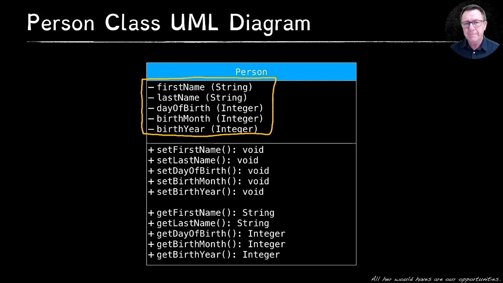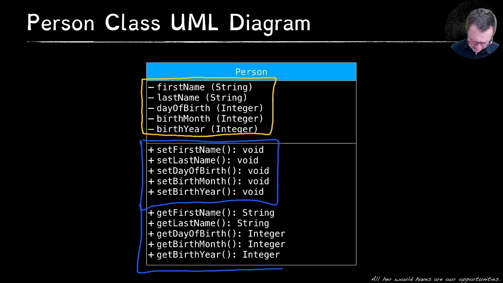Now, we have these things here, and these things here. These are the methods, or some of the methods that are available. And what you'll notice is we've got set, set, set, set, set, and get, get, get, get, get.